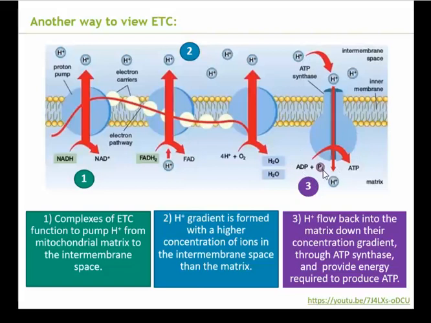So we have phosphate, which is added to adenosine diphosphate to make adenosine triphosphate. And so this process keeps happening over and over again, resulting in a high capacity of ATP.